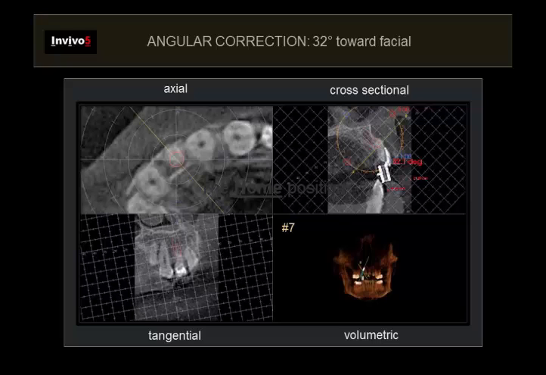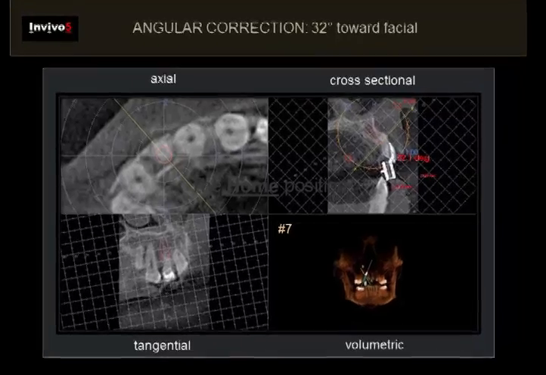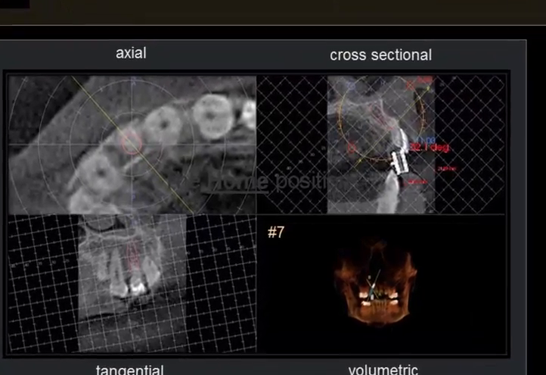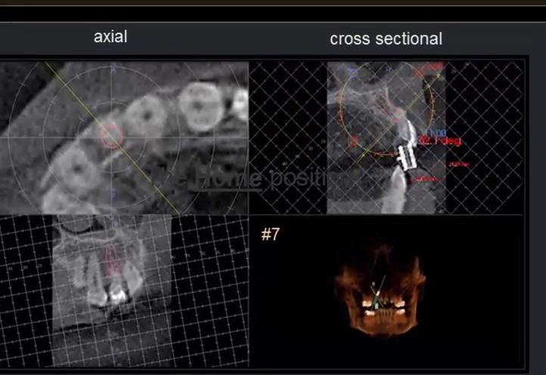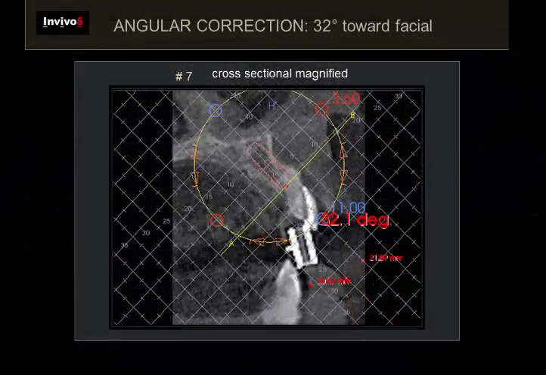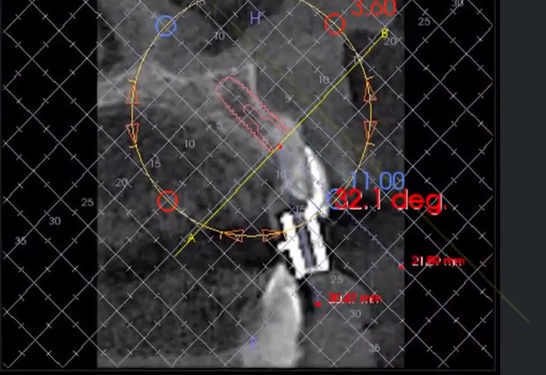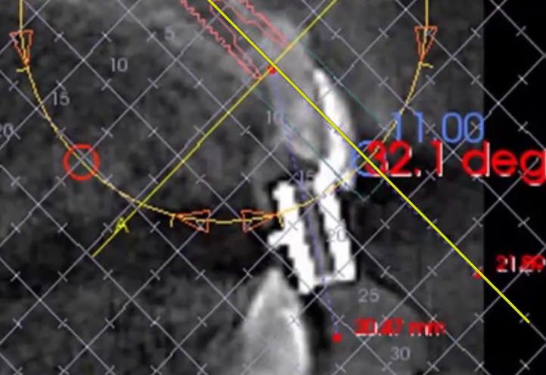A virtual implant is placed in the software in the most desirable position. The angle tool in the software is used to measure the angle formed by the long axis of the implant and the long axis of the diagnostic guide sleeve. The angle measures 32 degrees, thus the correction will need to be made 32 degrees in the guidepost.